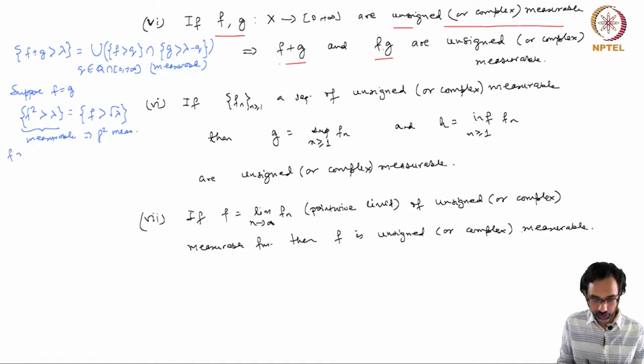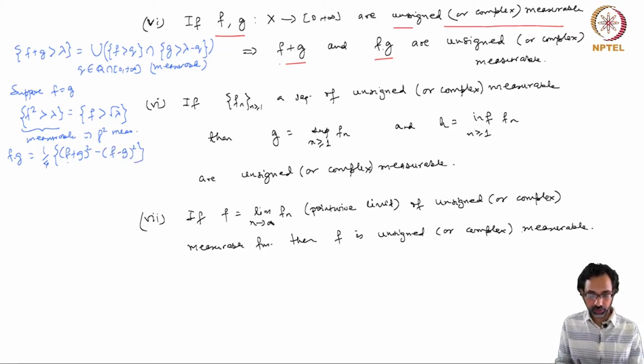Now you can write f g using the following formula: f plus g whole square minus f minus g whole square, all divided by four. First the sum is measurable, then the square is measurable, and the difference is a sum of two functions that are no longer unsigned, but nevertheless you can view it as a complex valued measurable function.